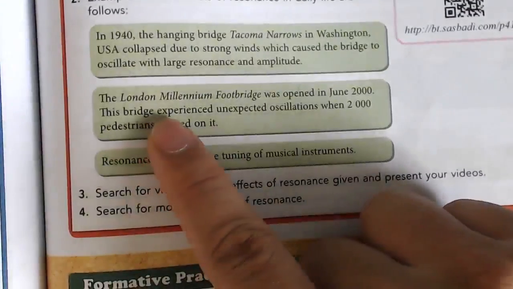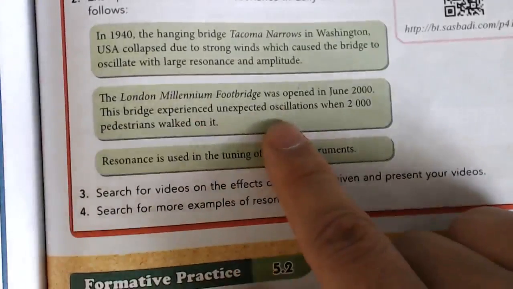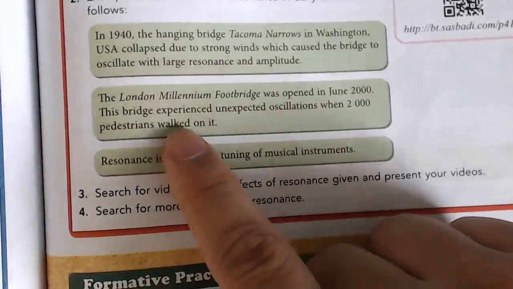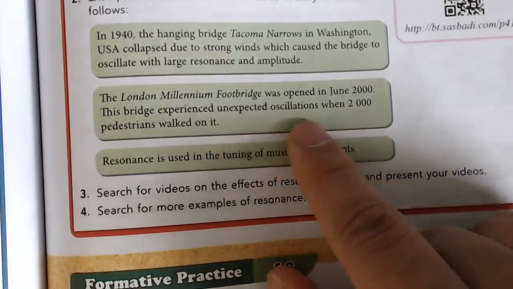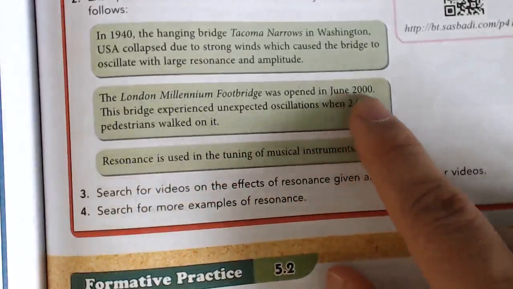Okay, the London Millennium Footbridge was opened, and then the bridge oscillated. It happened in June 2000.